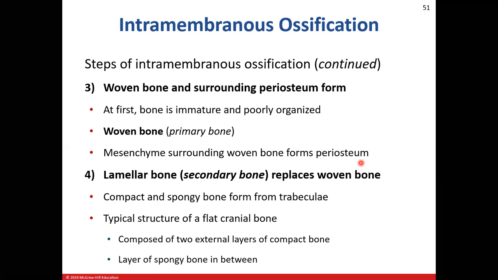So now we begin to form our compact and our true spongy bone, and they do this from the trabeculae that are being formed. The typical structure of a flat cranial bone is oftentimes what we see in this process. It's composed of two external layers of compact bone with one layer within it of spongy bone.